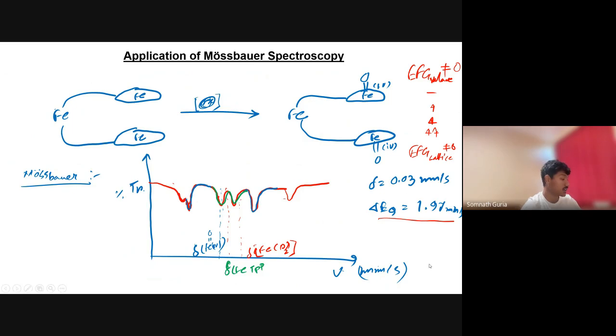Now there is another example, where again they are making an iron oxo species and trying to isolate it. They are also taking two metals, one is nickel and the other is iron.